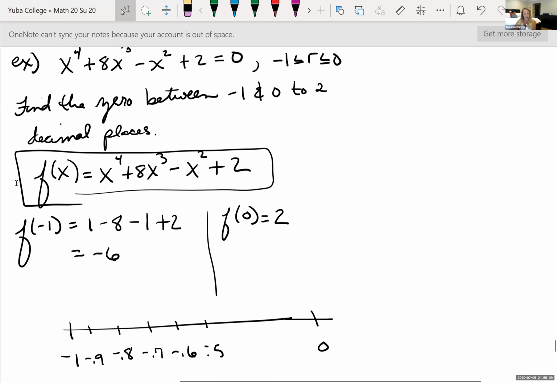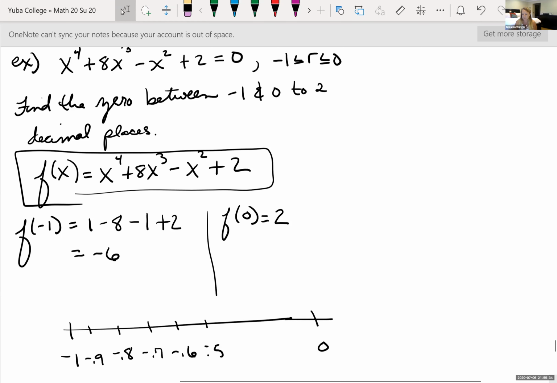So we just plugged this function into Desmos, and we're going to plug in values that are between -1 and 0. We're trying to find values where it's changing sign. And once we see that it's changing sign in between one of these intervals that we're looking at, then we can shrink the interval even closer. So I plugged in the function.